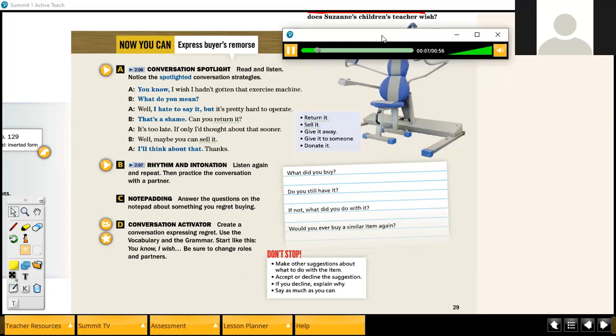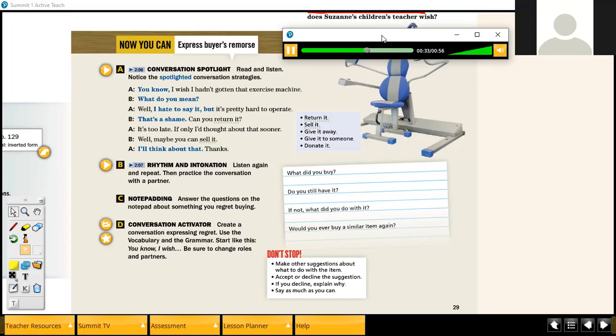You know, I wish I hadn't gotten that exercise machine. What do you mean? Well, I hate to say it, but it's pretty hard to operate. That's a shame.